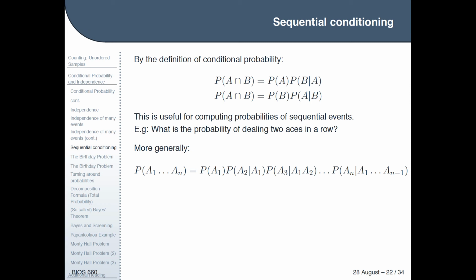Well, you could find the probability that the first one is an ace, which is just 1 out of 13. Then the probability that the second one is an ace, given that the first one is an ace, which is not going to be quite 1 out of 13, because for starters, there's only 51 cards remaining in the deck, and only 3 of them are aces now.